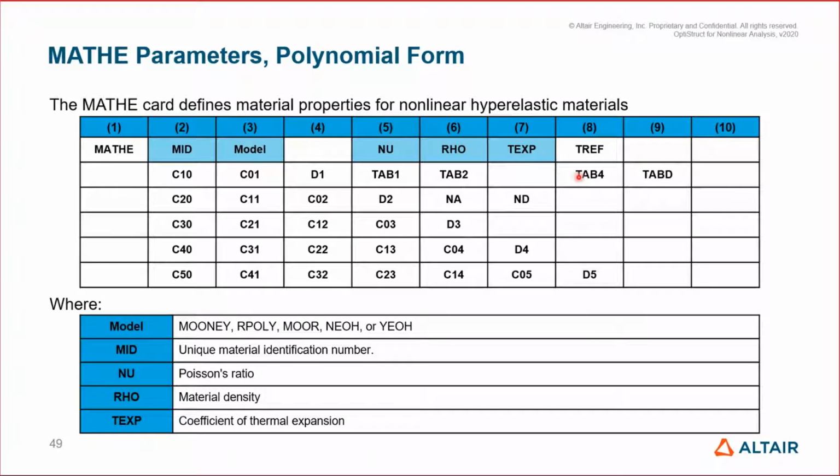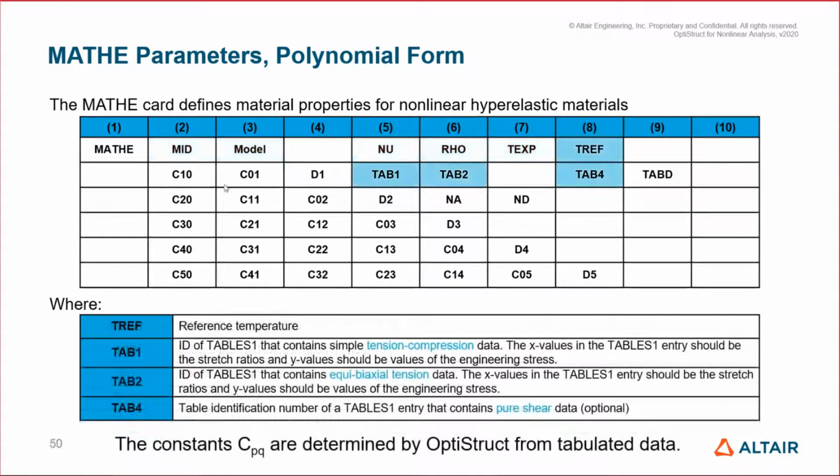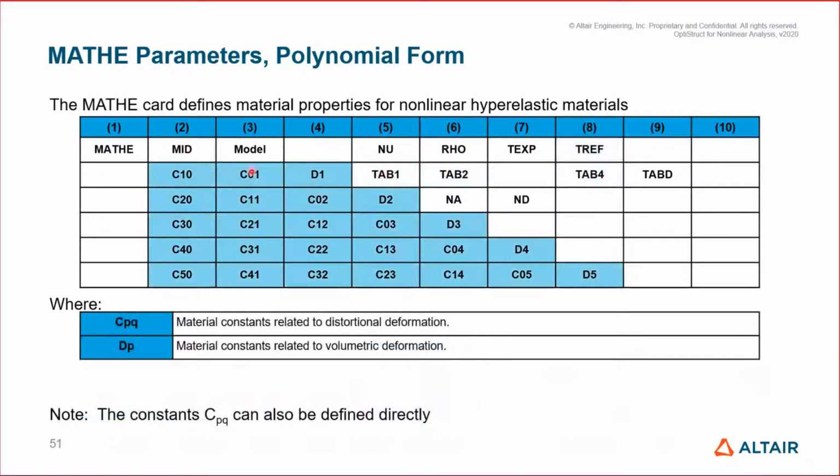And then you put in your table data. The table data is important, and all these constants here are normally derived based on your table data. If you don't have the curve data, then you definitely need to provide the constants.